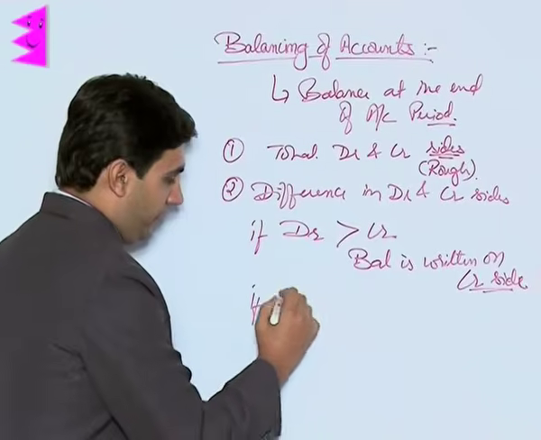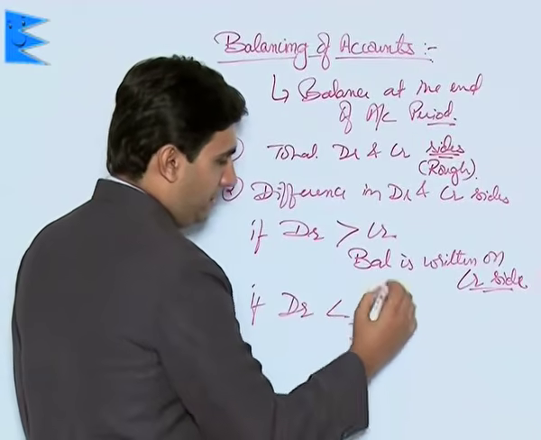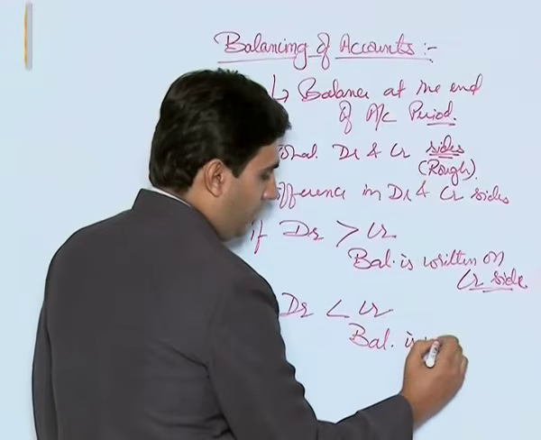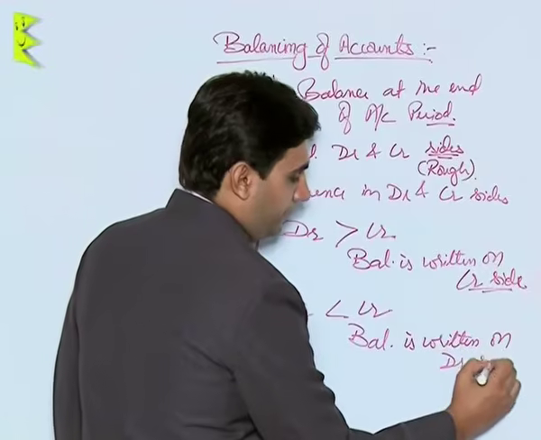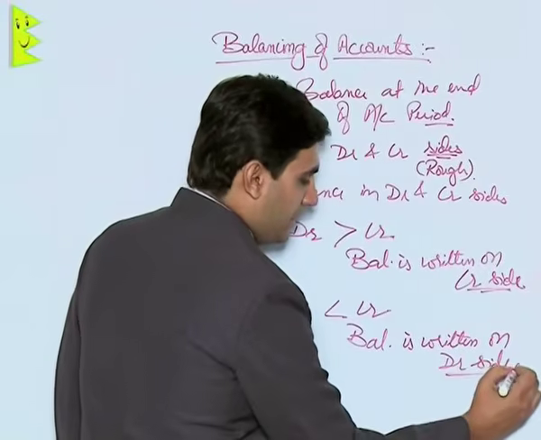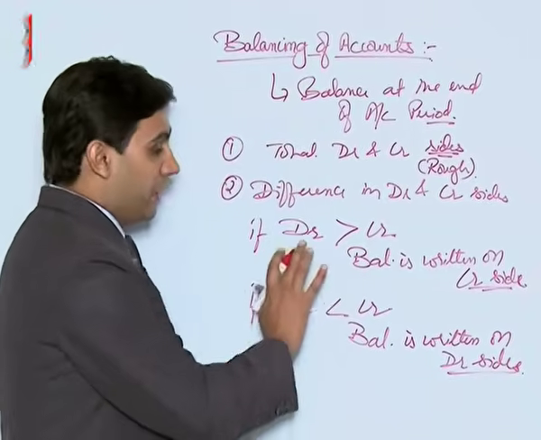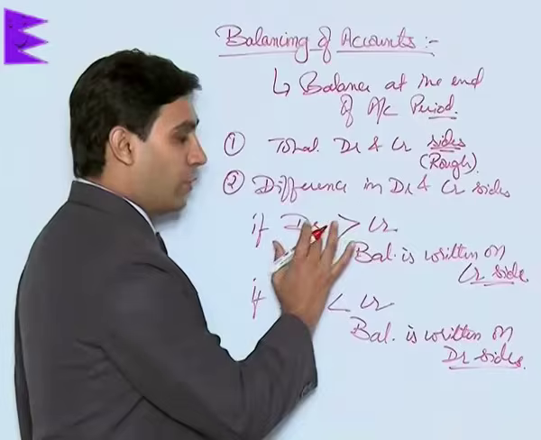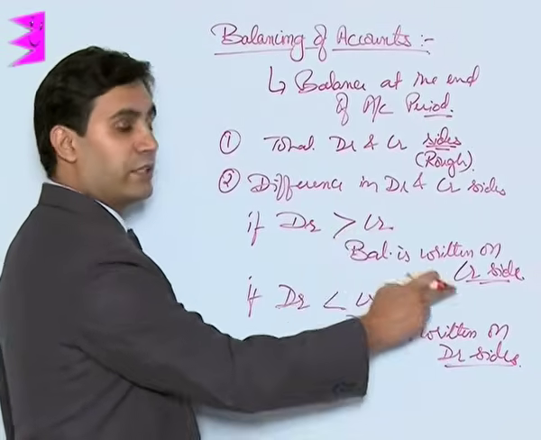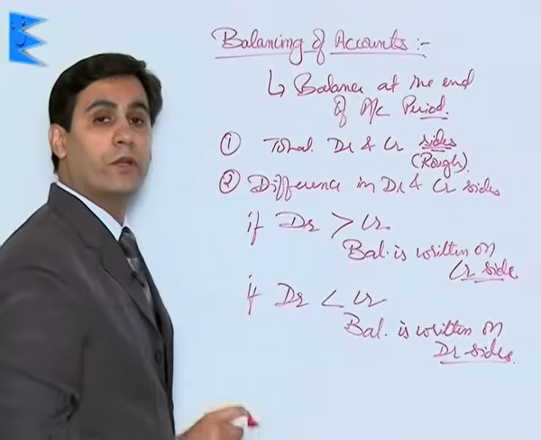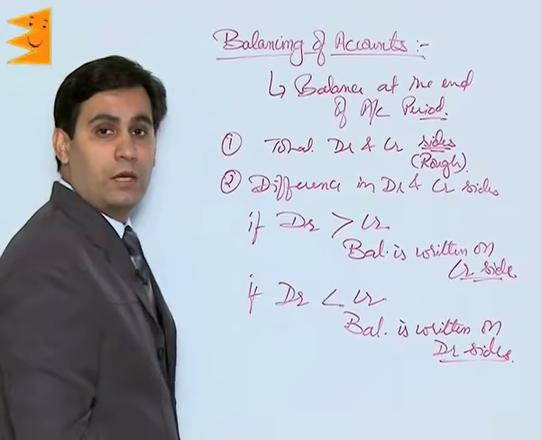Then if the debit side is smaller than the credit side, then the balance is written on the debit side. Again the same concept applies here, that whatever the difference, if the debit side is smaller, then it is written on the debit side, and if the credit side is smaller, then it is written on the credit side. That is the smaller of the two sides, and then you can total out the accounts.